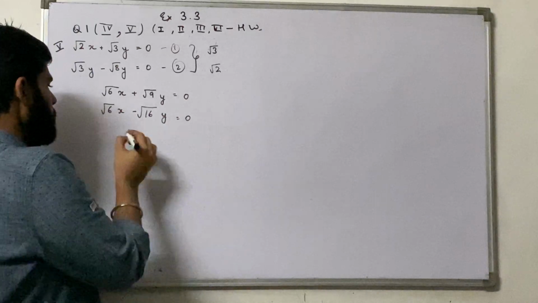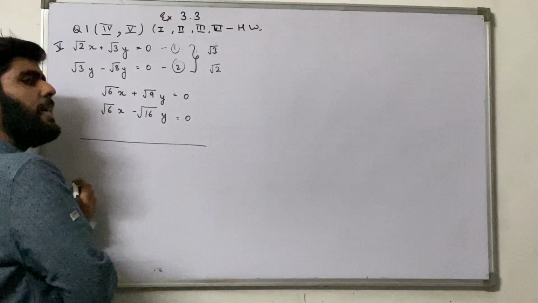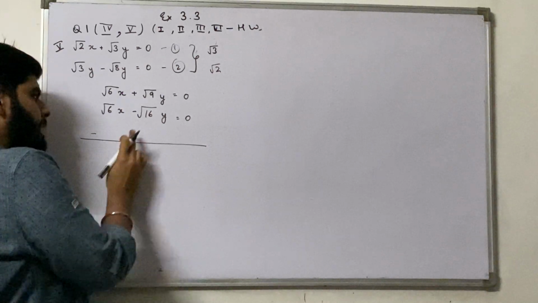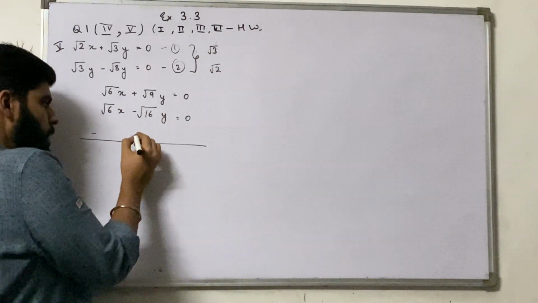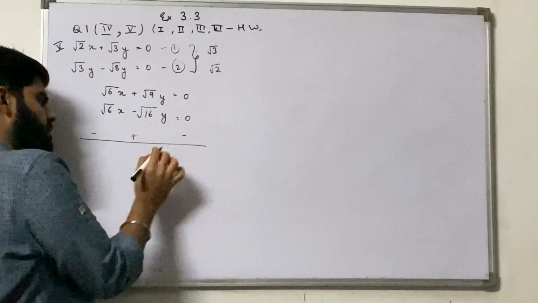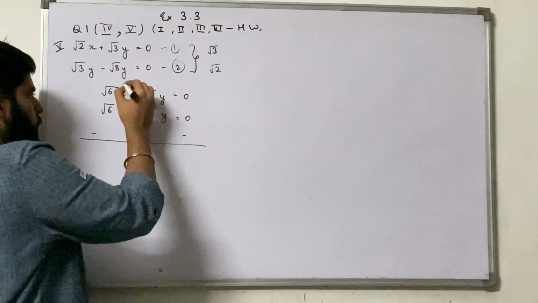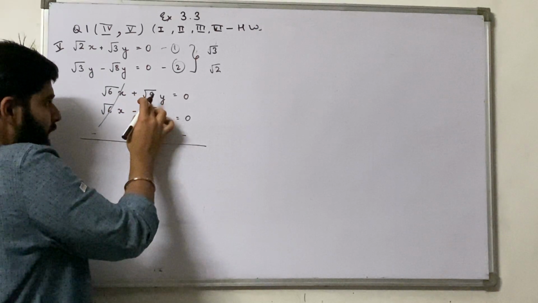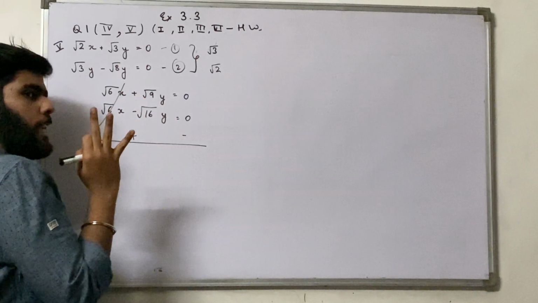Now let's eliminate. This has a positive sign, this will become negative. This has a negative sign, this will become positive. This does not have a sign, so let it be. Now this is subtracted and under root 9 stands for 3.